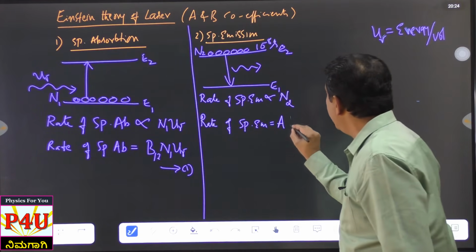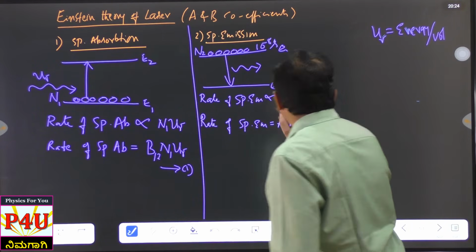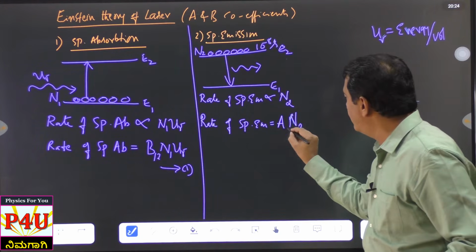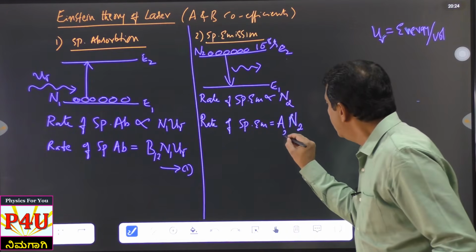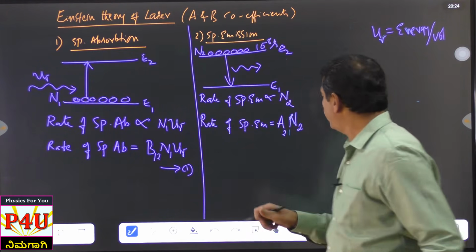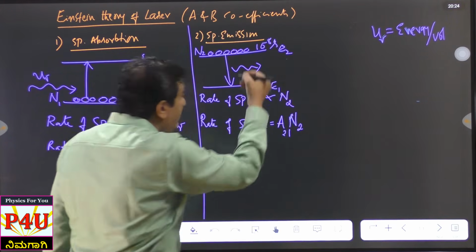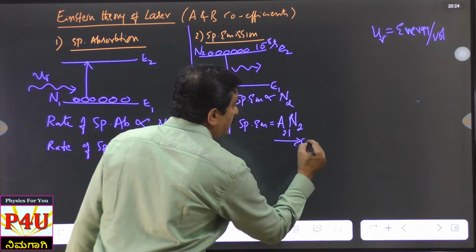A into N2. Now write the suffix for A. Yes, it is nothing but level 2 to 1. Therefore I write it as A21. So A21 stands for de-excitation, or jumping from higher level to lower level. So this is my equation number 2.